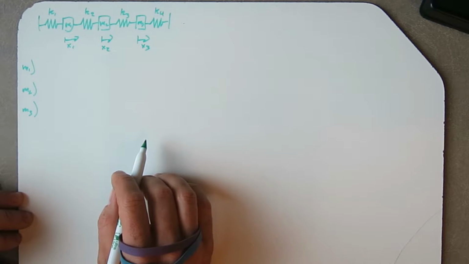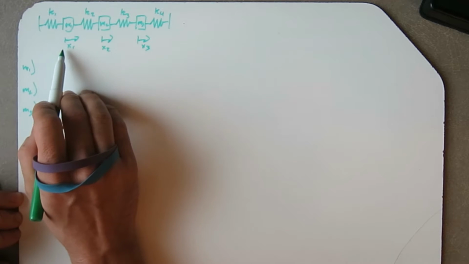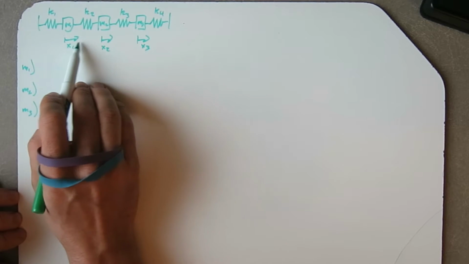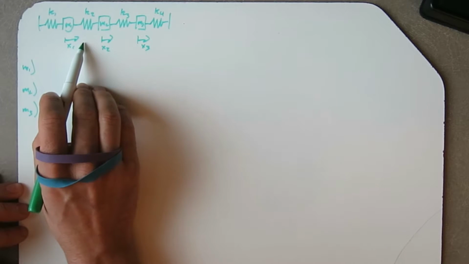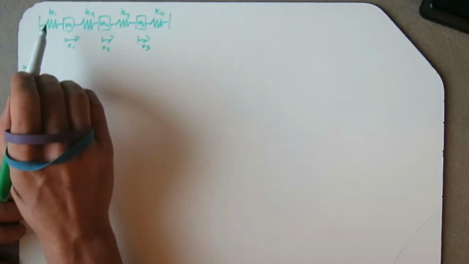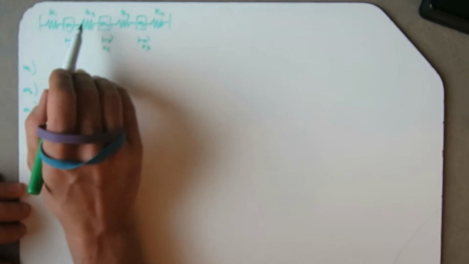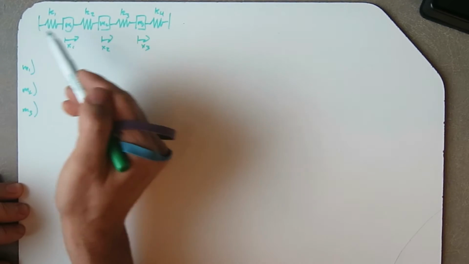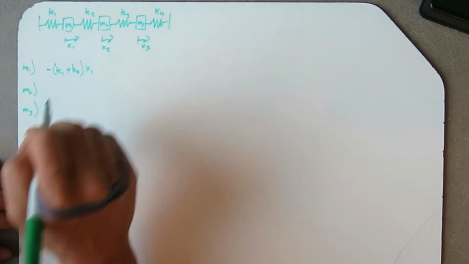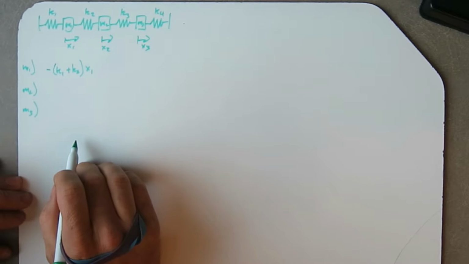But let's get started. So first I'm going to consider a displacement in the positive x1 direction. So if I move x1 positively, K1 will be elongated, K2 will be squished, so K1 will pull back on M1, K2 will push back on M1. So for M1, we're going to get a negative K1 plus K2 times x1 like we did before.